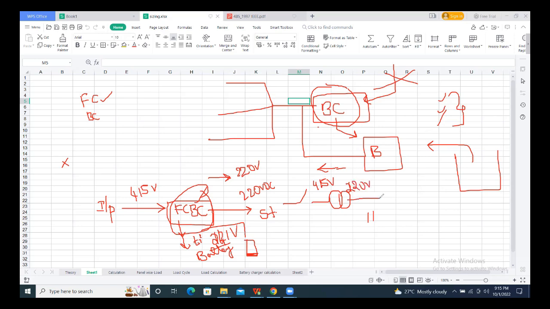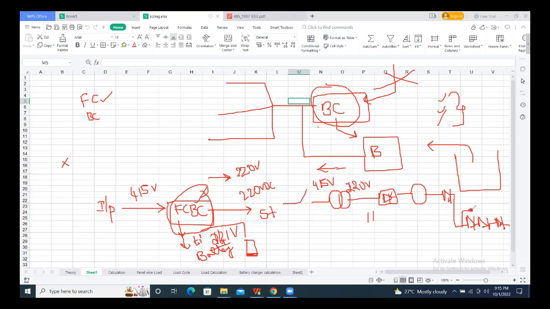This 220 volts AC is converted to DC with a rectifier unit and filters to reduce any harmonics. Then it connects through some diodes, and goes to the station connection.